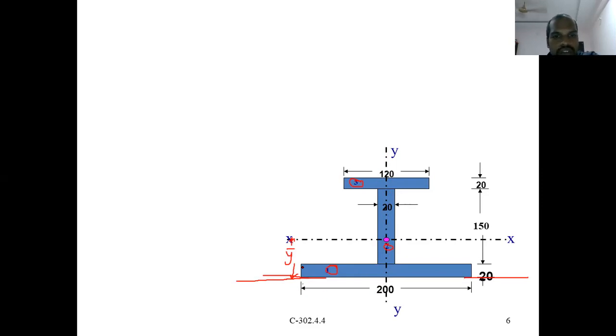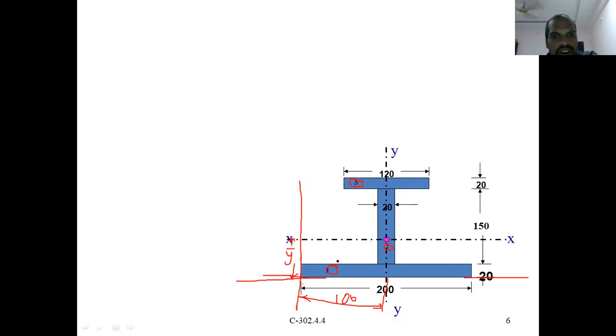If we assume this is the reference axis, from here the centroidal distance is very simple: for a rectangle, it lies at half the distance, 200 by 2, that is 100 mm. Like that, you can directly find x bar, no issue at all, because it is symmetric about the y axis.